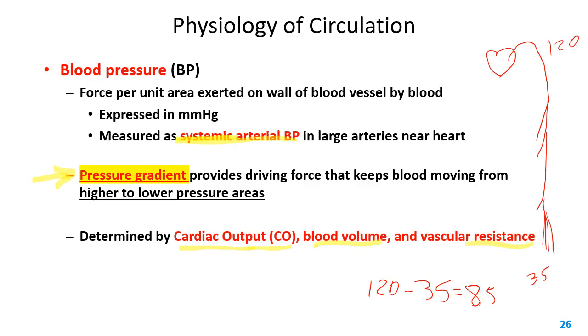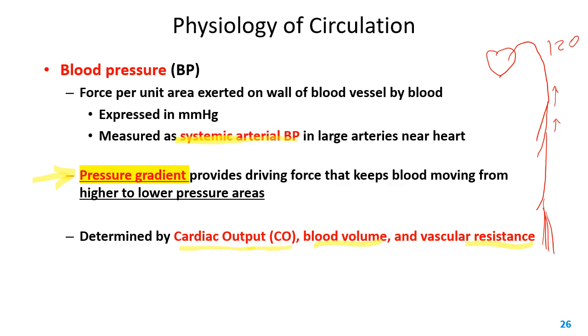Okay. Now, let's say that instead of having the nice big gradient that's going to give you a lot of flow, let's say you have somebody that has atherosclerosis. Atherosclerosis means a lot of resistance to that blood flow because the arteries are not very elastic, and that is going to really oppose the flow.